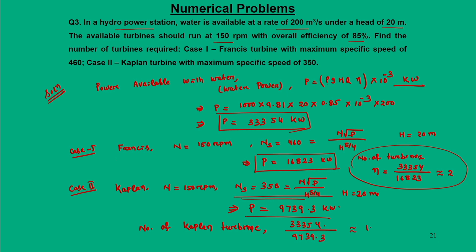So, this is approximately 4. So, to produce water power of 33.354 megawatt, if we use Francis turbines, we require 2 Francis turbines. If you use Kaplan turbines, we need to have 4 Kaplan turbines.